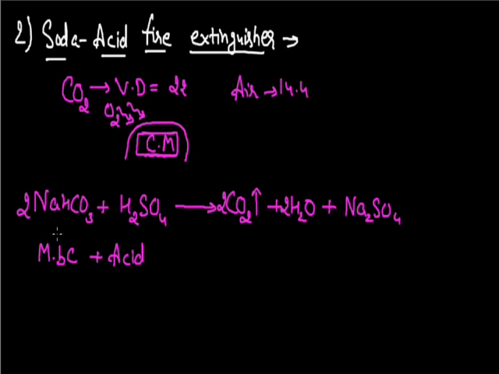Any metal carbonate or metal bicarbonate, when reacted with acid, gives carbon dioxide gas that can be used to put off fire. But commercially we use these two kinds of reactants, and when these two reactants are used to put off fire, this kind of fire extinguisher is called a soda acid fire extinguisher.